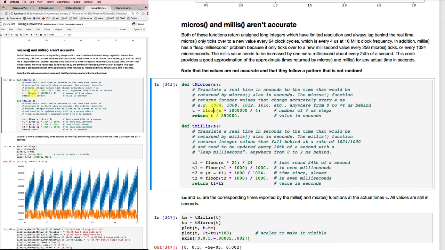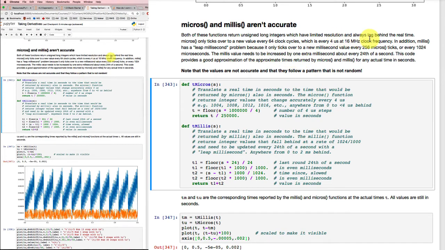If we use this floor function, that'll give us the largest integer less than or equal to that value. And that'll give us the time that micros would return in 4 microsecond steps. Divide it by 250,000, and that'll give us the time that micros would return expressed in terms of seconds. So that'll be a time that jumps at 4 microseconds per step.